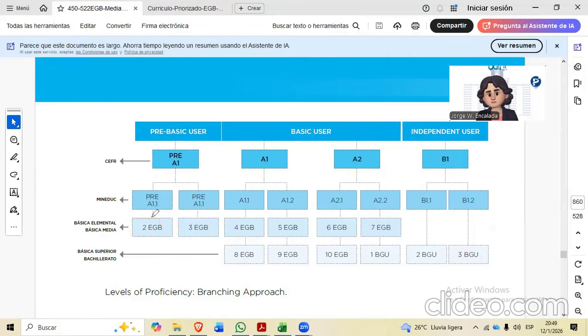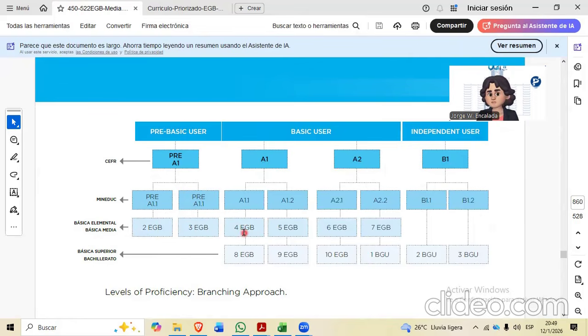Now, the students progress from second grade to third grade, and they stay in pre-A1, okay? So in these grades, they stay in pre-A1, and when they get promoted to fourth grade, right here, they reach the A1.1 level.